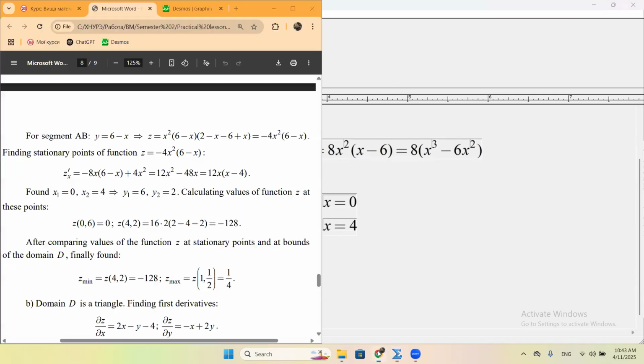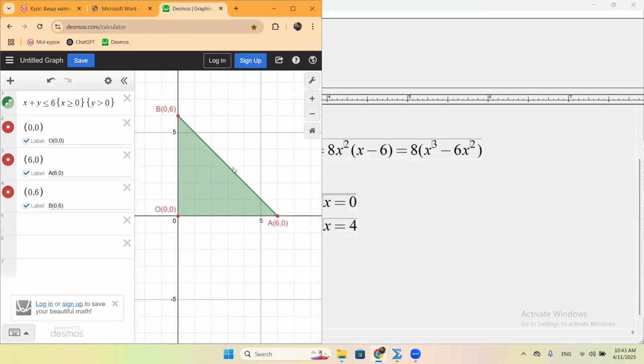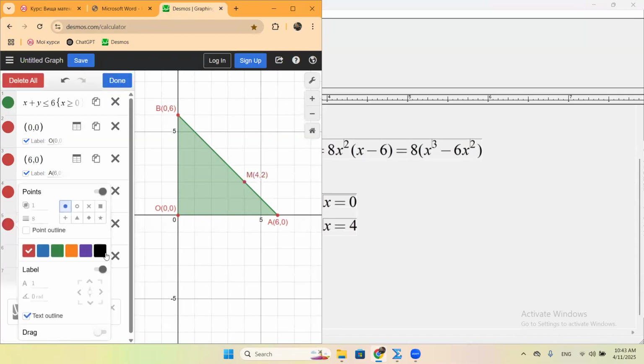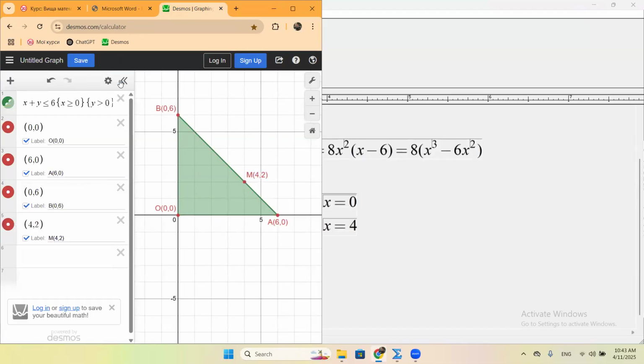And let's check here. So 4, 2. So point M is 4, 2. So it is on the bounds of the domain. So it seems that everything is found correctly.